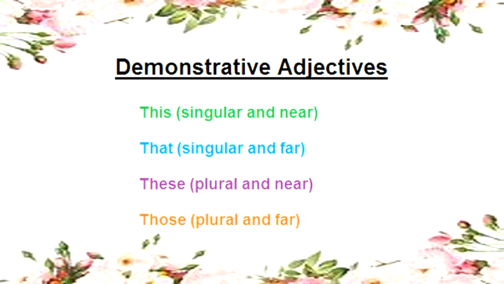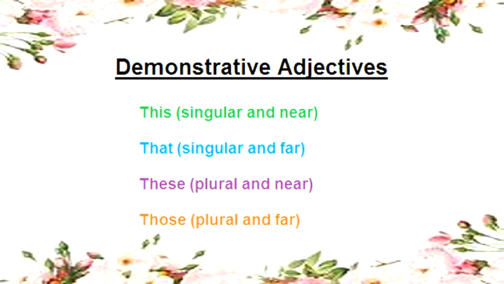On the other hand, when you want to point out plural number of persons or things which are nearer to you, the word these will be used. Similarly, to point out the plural objects which are far from you, the word those will be used as demonstrative adjectives.